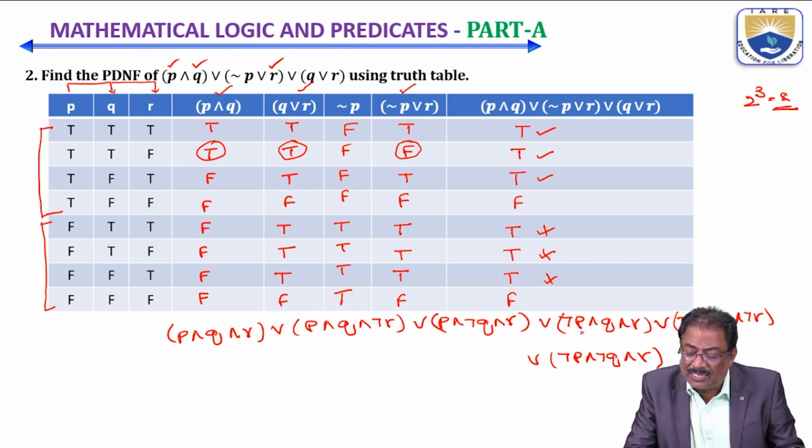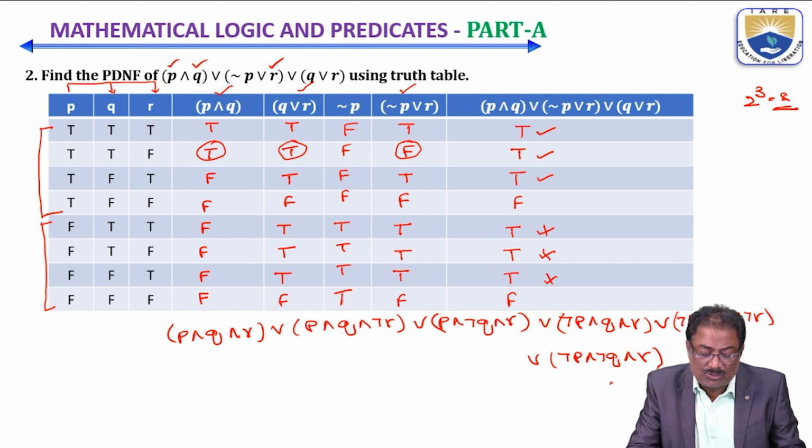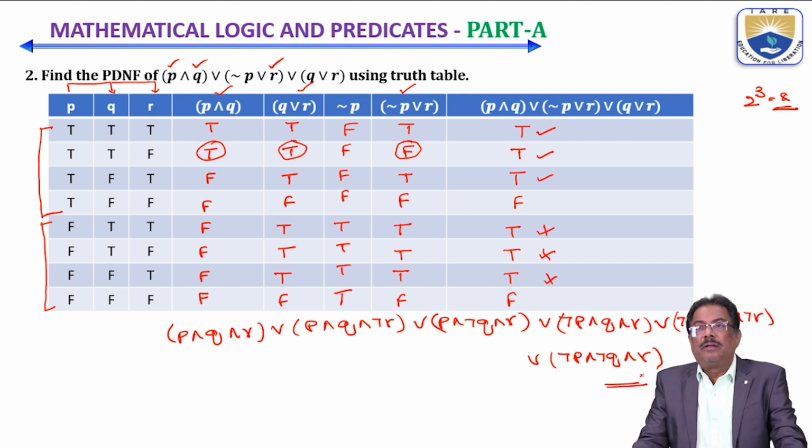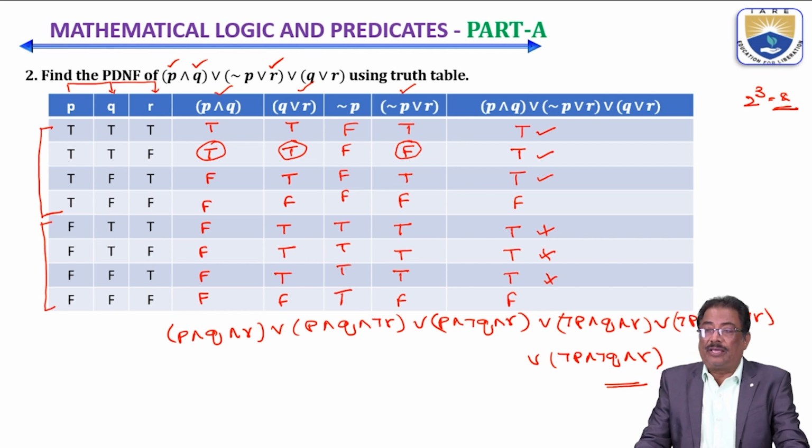So here negation of P, Q, R is not there, negation of P, negation of Q. So this is the principal disjunctive normal form by using truth table.